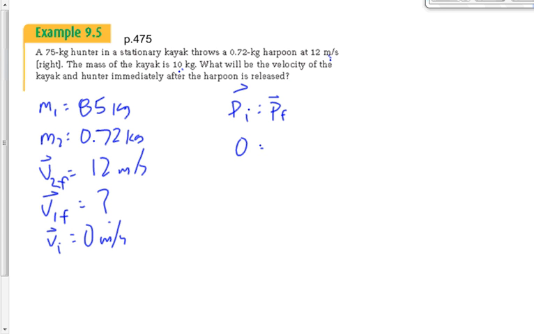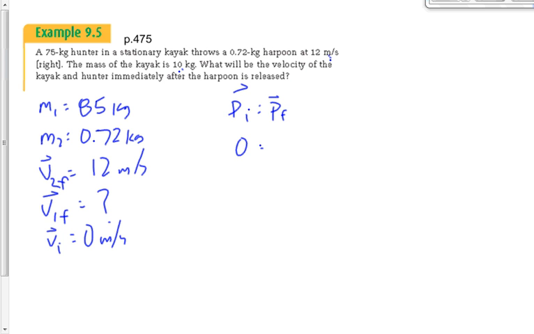Now, if the guy, the kayak, and the harpoon were moving before he threw it, then we wouldn't be able to say that, would we? We'd have to say M times VI, whatever VI is. Here, we're still really saying M times VI, but VI is 0, so we'll save ourselves the bother of writing down the term there.